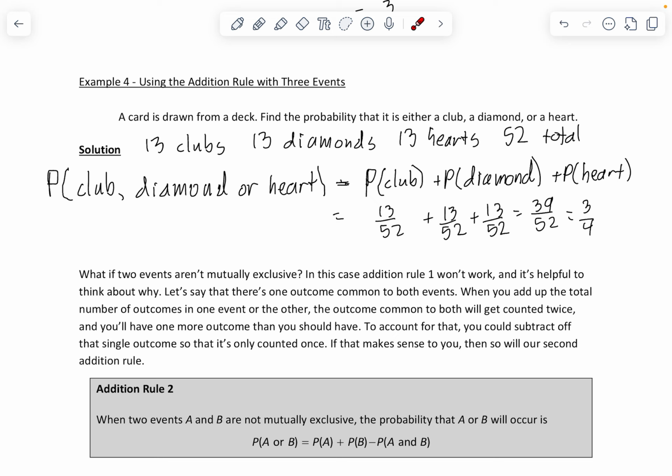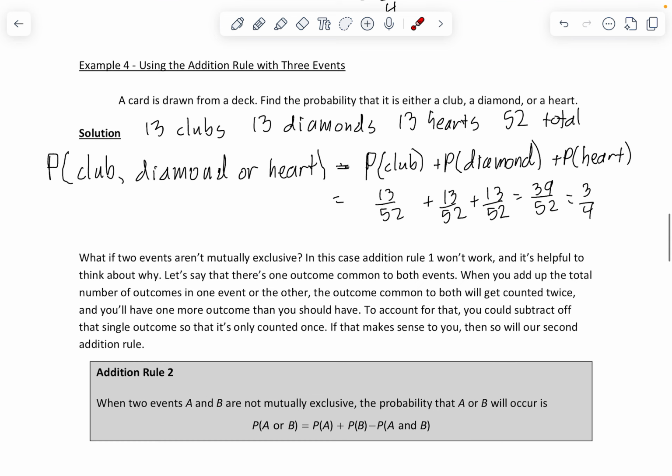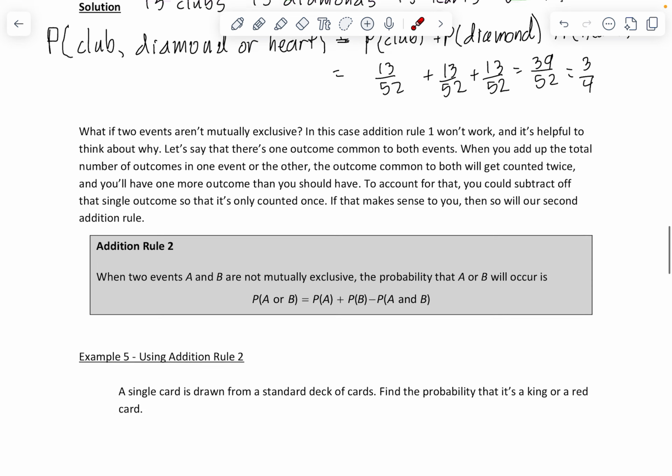We want to count them, but we don't want to count them twice. So this subtraction is a correction, so that we subtract off the double counting of the common outcomes.